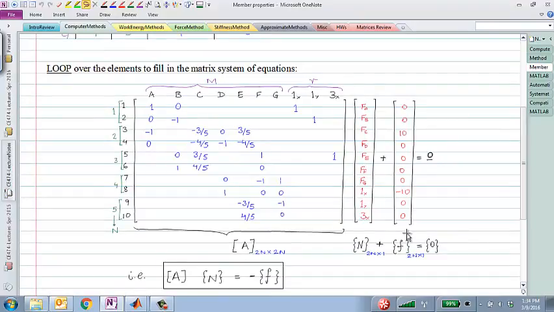Now, the trick I told you was, how do you create this system of equations, this matrix in particular? How do you get the computer to create this matrix for you? And I told you that a very specific pattern is what we make use of to try to create this matrix. Anybody remember what that pattern was? How did we create this matrix for the method of joints?